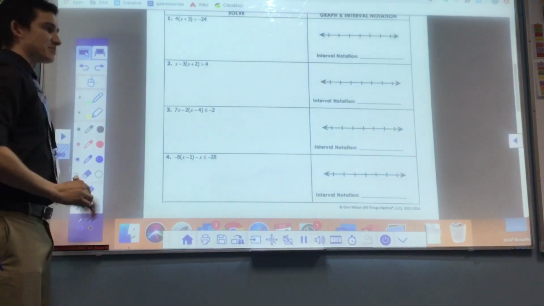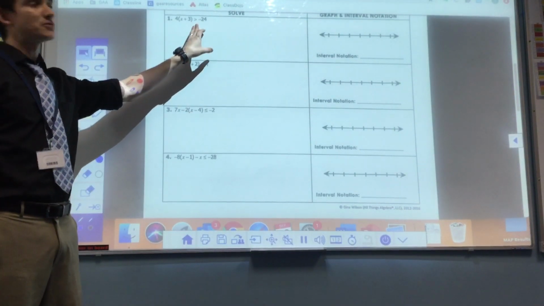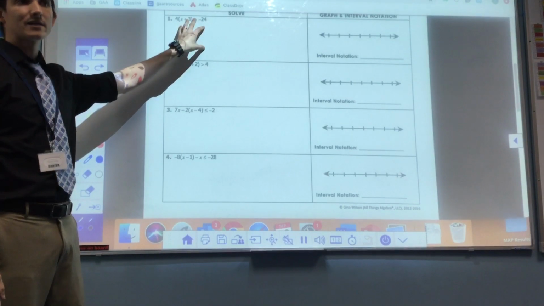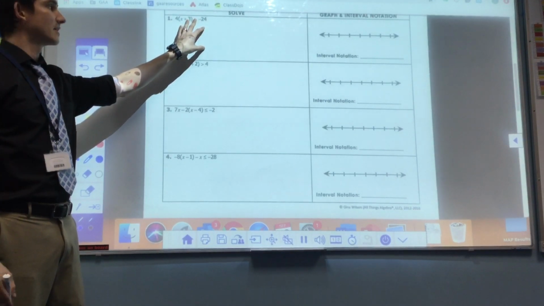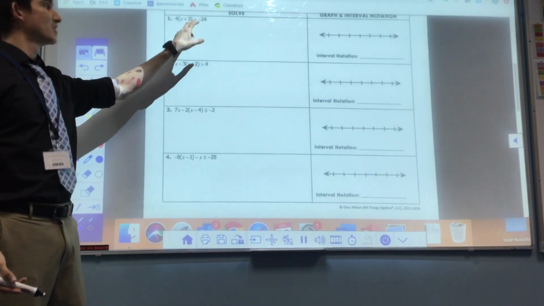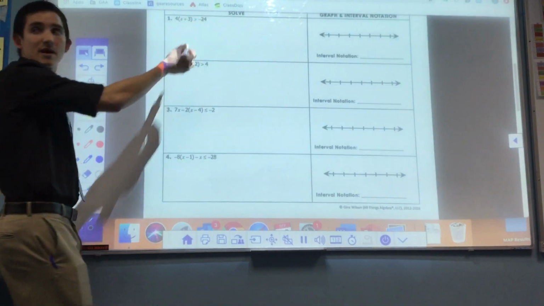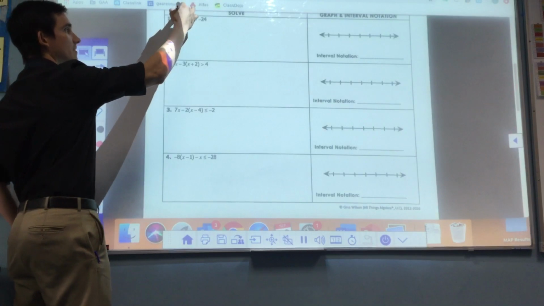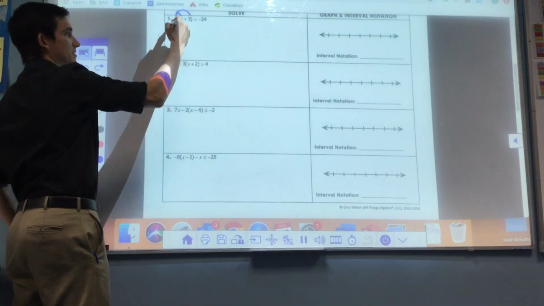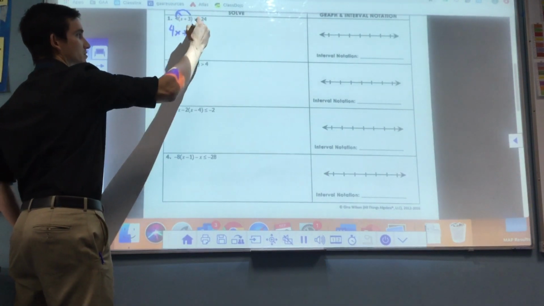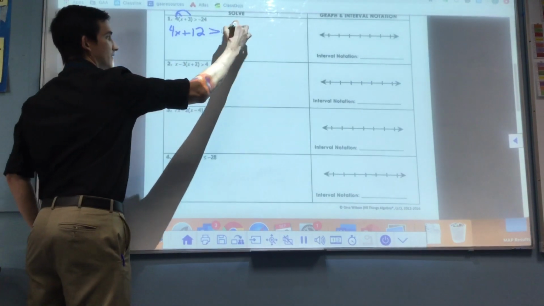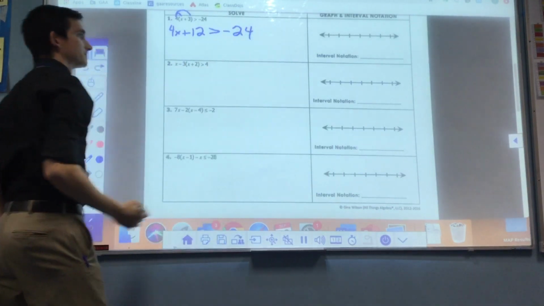So the solving aspect, like I said, you need to learn to solve. You solve these almost exactly like you solve an equation. Okay? So right here, the first thing I'm going to do is distribute my parentheses. So I'm going to have 4 times x, 4 times 3, so I have 4x plus 12 is greater than negative 24.